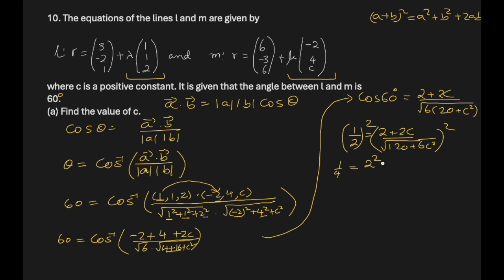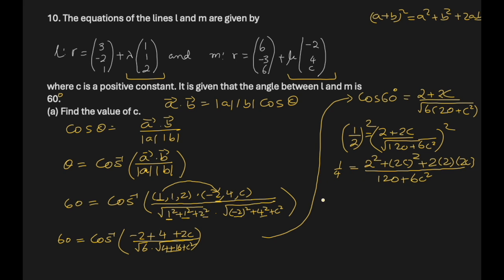Over it, the square and square root cancel out, so it will just remain 120 plus 6C square. That was our aim, so that this square root gets rid of.